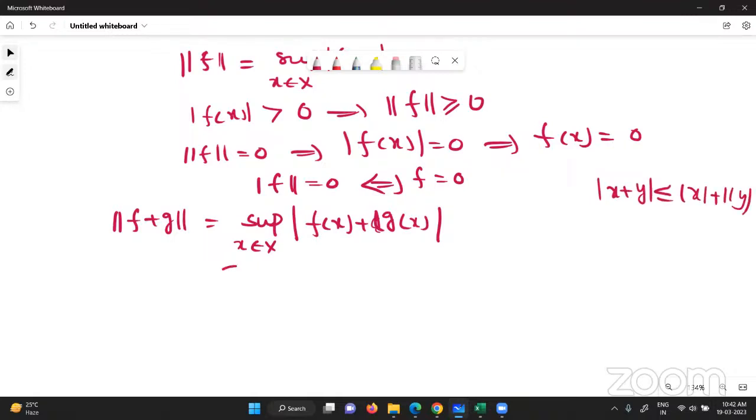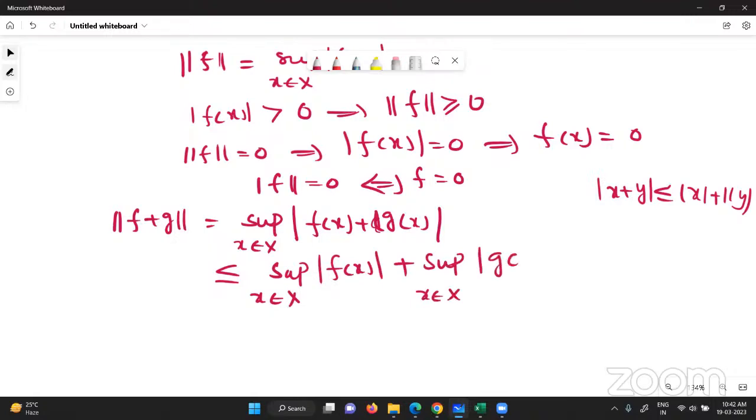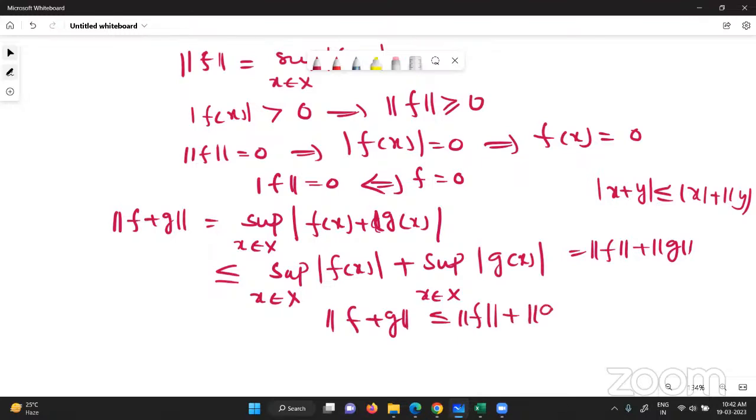So this is less than or equal to the supremum over x of mod f(x) plus the supremum over x of mod g(x). So this is nothing but norm f plus norm g. That is, norm of f plus g is less than or equal to norm f plus norm g.